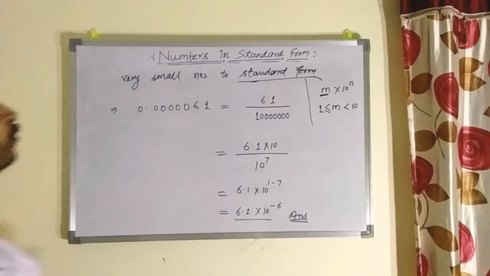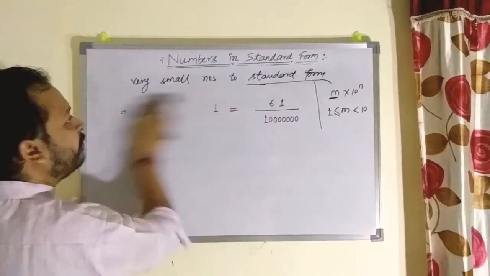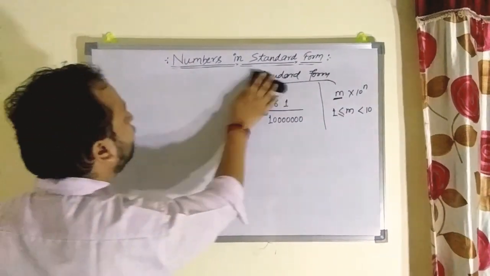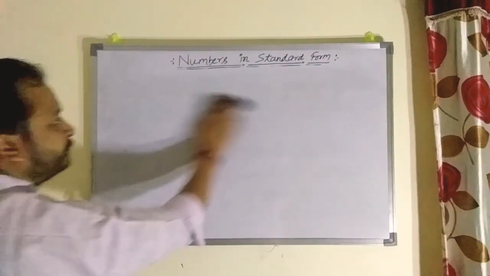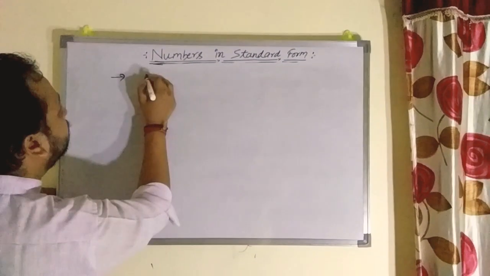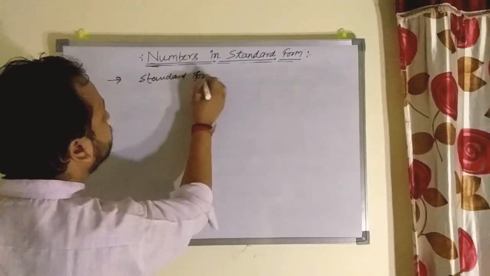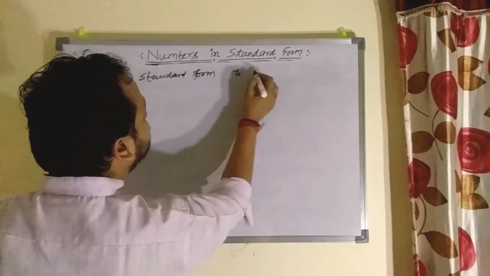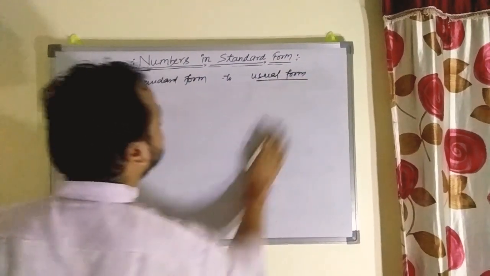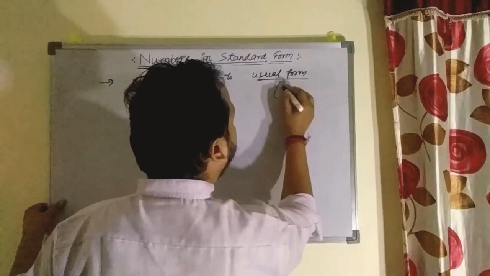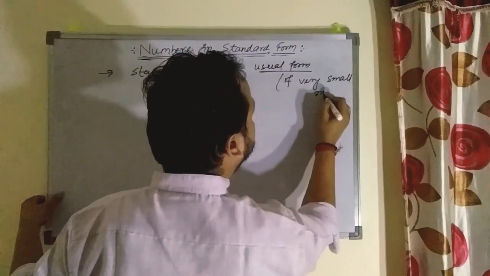So let's go vice versa. Means if the standard form of a very small number is given, we have to convert it into usual form. Standard form to usual form of very small numbers.